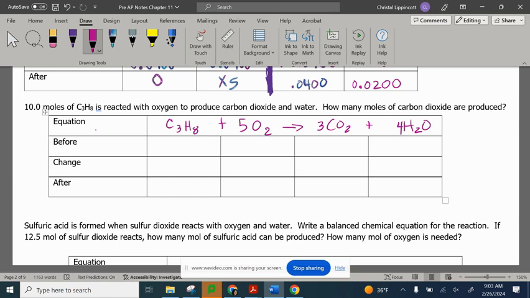Everybody got that written in? Okay. It says that I have 10 moles of this. So I'm going to put 10 here. They didn't tell us how much oxygen we have. We're going to assume that we have an excess amount. We hope we do so we can breathe, right? And then we've got no carbon dioxide or water made yet.